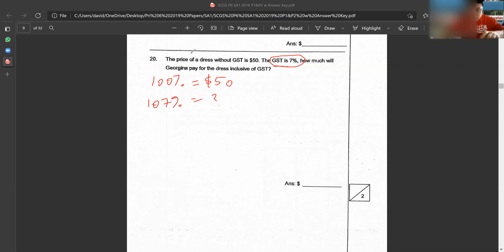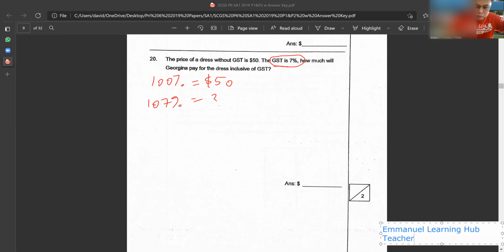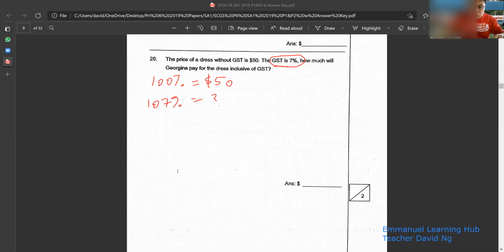Okay, so to find 107%, you have to use $50 divided by 100%. That gives you 1%. Then 107.